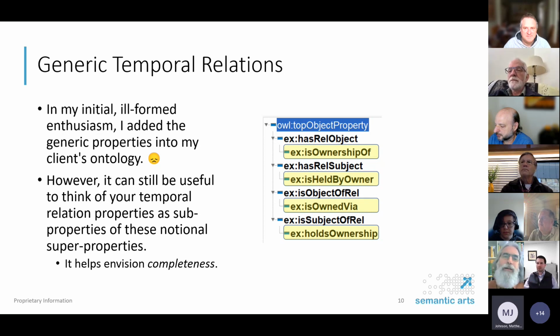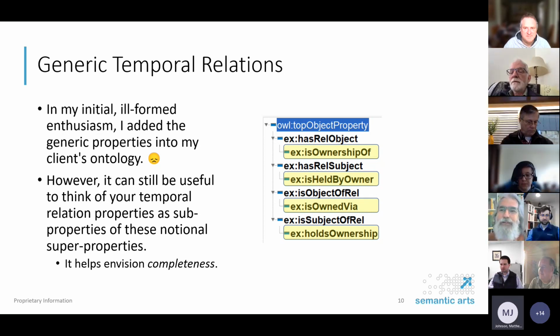Yeah, I was going to mention the same thing. I've actually found it to be useful to have those super properties in order to be able to build property chains based on the assertion I've made higher up.